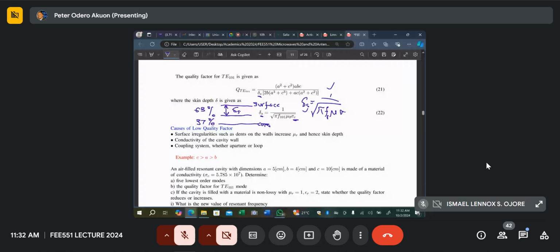All right, you can see it increases, because if you put equation 22 into 21, this will go up. It will be in the numerator. So it's also the resonant frequency and permeability. Okay. The coupling system, whether it's aperture or loop, definitely also the efficiency of that system would also affect the quality factor. So those are the causes of low quality factor in resonant cavities.